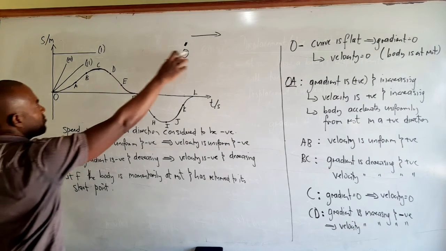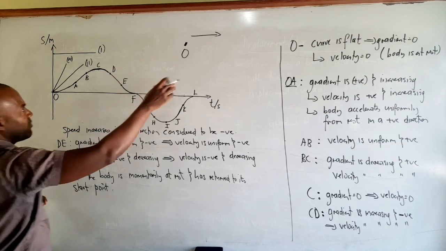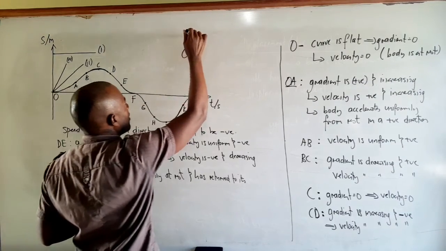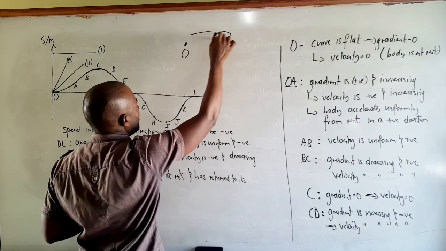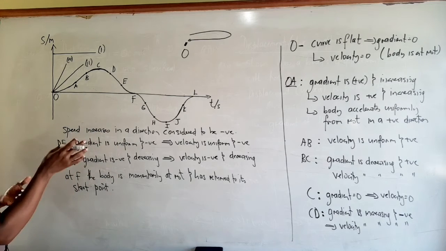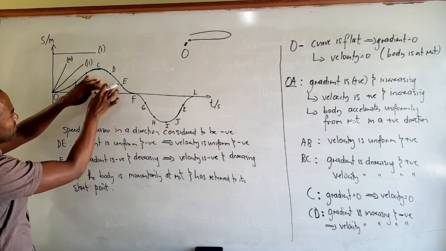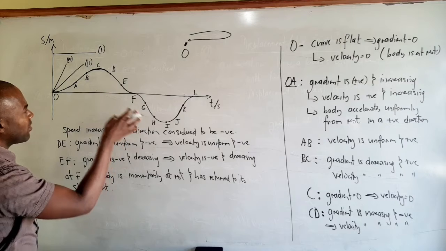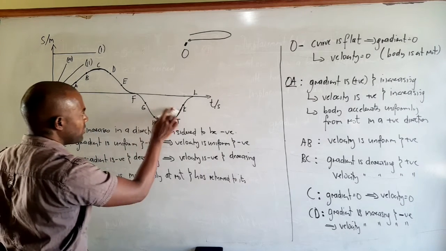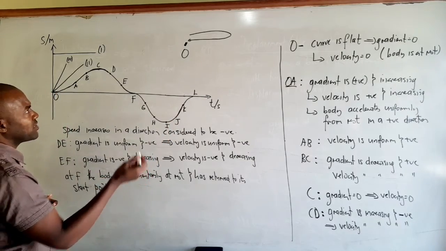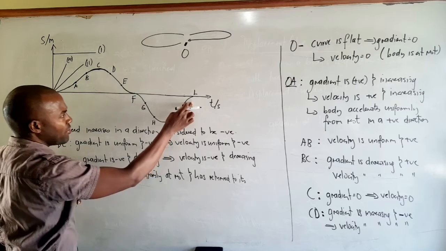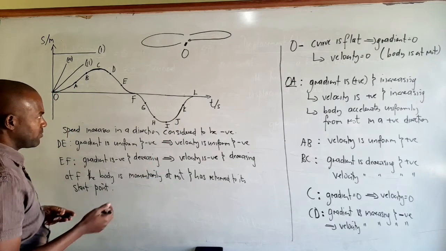It was moving away from the reference point, and then it returned to the reference point at F. So basically, for the bulk of this graph, the body was, say, to the right of the reference point. Now down here, where the displacement is basically negative for most part, the body will be to the left of the reference point before returning to the reference point at L, right?